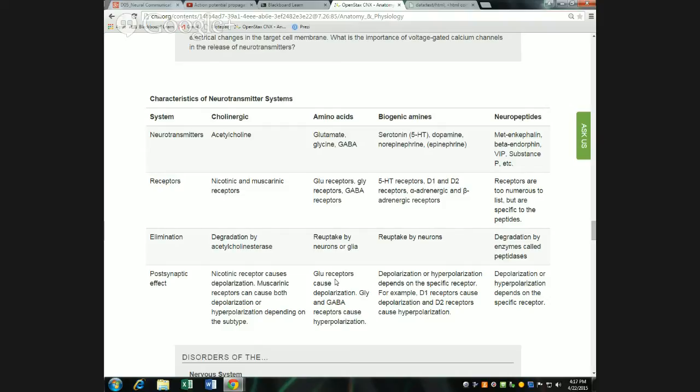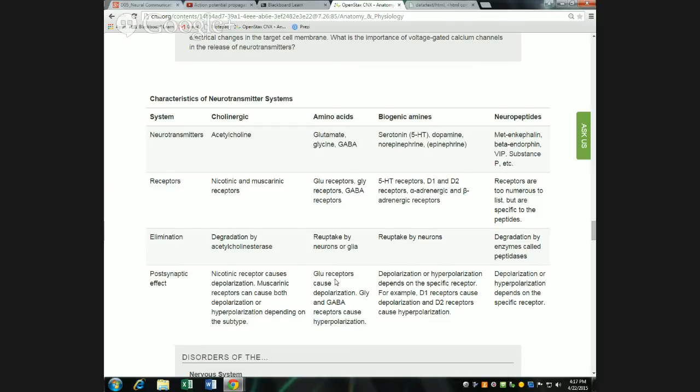Now, the next column under amino acids is actually three different systems. And again, the system name comes from part of the name of the neurotransmitter with the ending ergic. The three amino acids that we're talking about here are glutamate, glycine, and GABA. So glutamate is a system unto itself, which would be called the glutamatergic system.